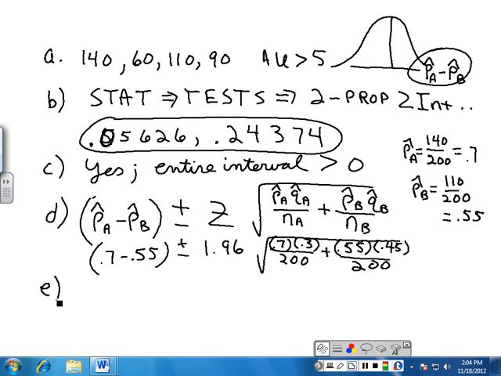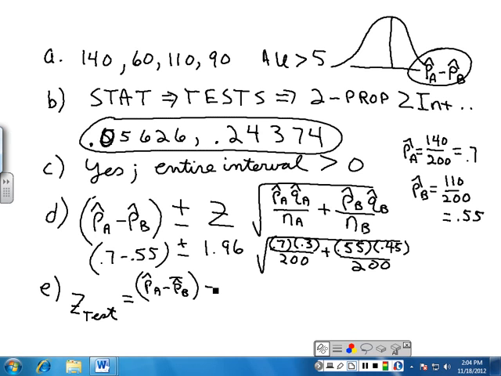And so E says, now suppose that we were doing a hypothesis test for the difference between the proportions. Write the formula that you would use to calculate the test statistic and then put the numbers into that. So it would be Z test equals the statistic. Again, that's p hat A minus p hat B, minus the hypothesized parameter.